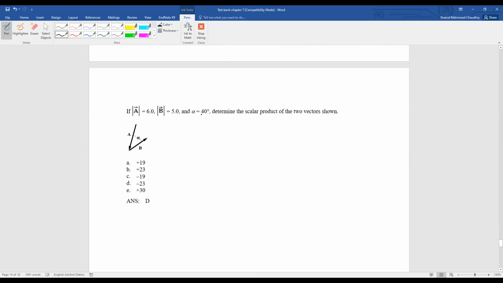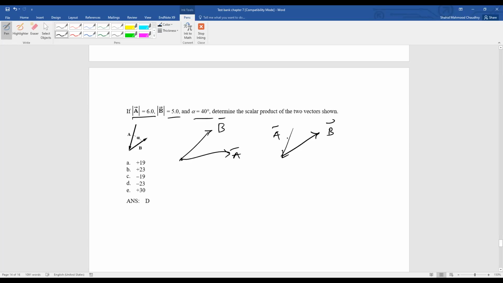Now you can see this is also a similar problem, but here you have to find the angle. A value is 6 and B is 5 and alpha is 40 degrees. Here, this is one vector A and this is another vector B. We need the angle between A and B. If this is A and this is B, we have to connect this side.